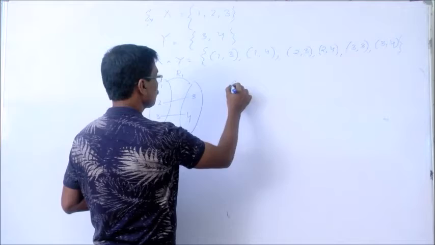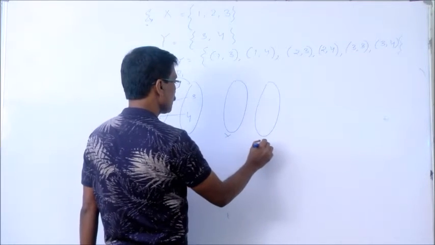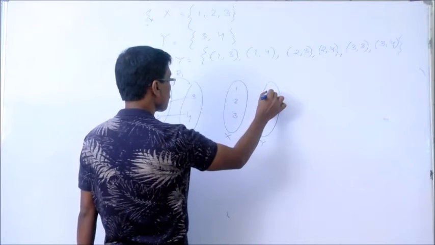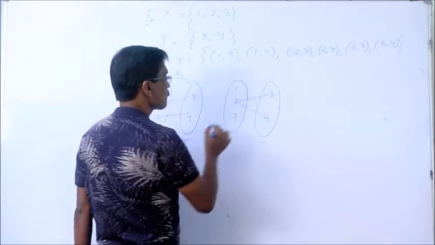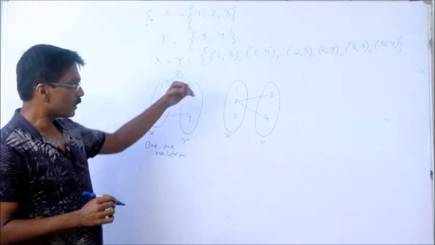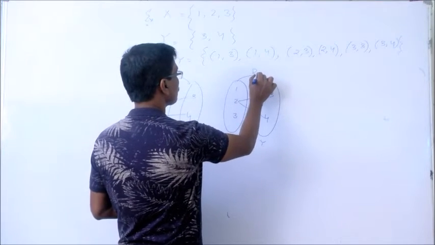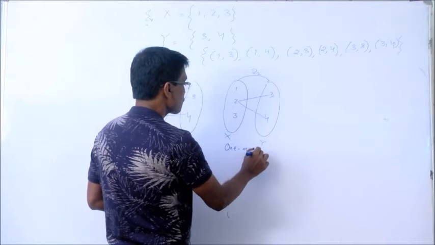Take another example, X set, Y set, 1, 2, 3, 3, 4. So, one object related with more than one element, it is called one-many relation.